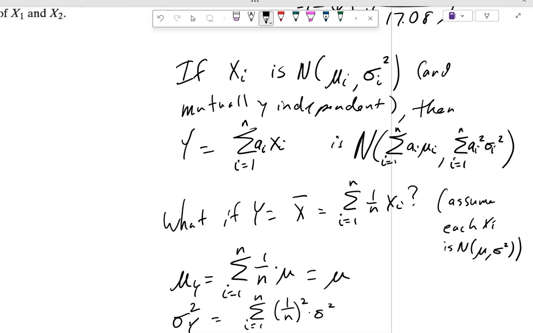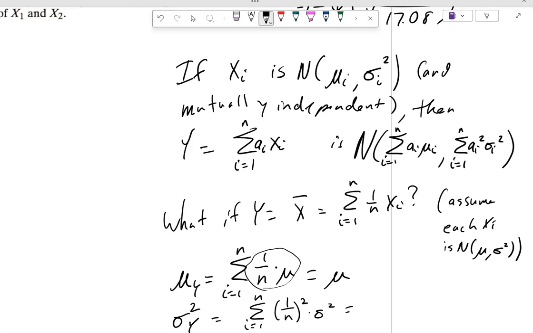What do you end up with in this case? Well, how many times are you adding this to itself? So what's n times 1 over n? Right? The n's will cancel.